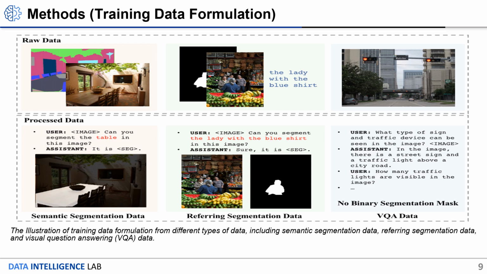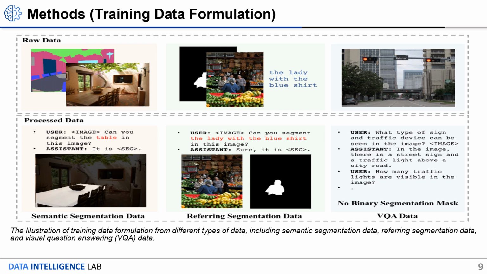And if you look at the second column, the middle column, it is referring segmentation data. It uses datasets like RefCOCO that provide an image with an explicit text description, for example the lady with the blue shirt, and the corresponding object mask.